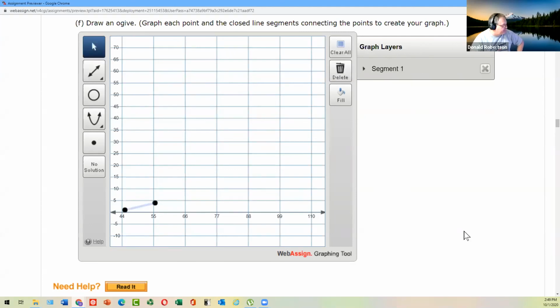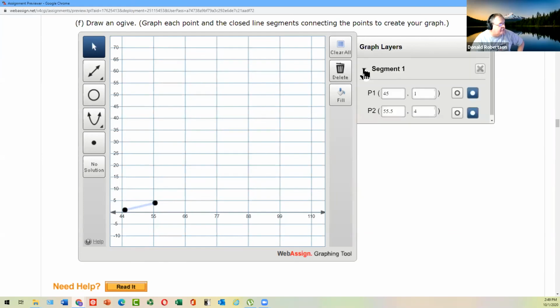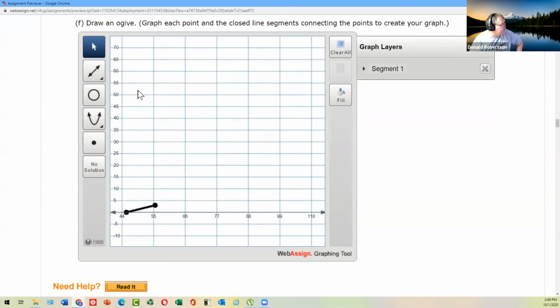I'm probably not that accurate. So if I click on this, 45.5 should be 0, and 55.5 should have been 3. So do you see I'm just tweaking my numbers to be in the right place? Now the next one is going to be 55.5, 3 joined to 66.5, 10. So got that guy, click on you.